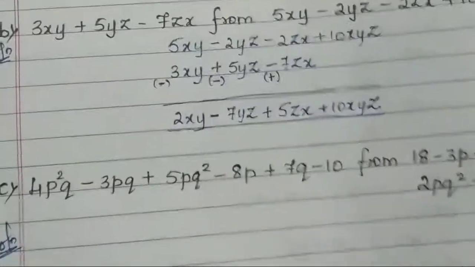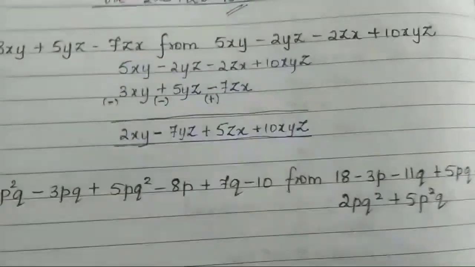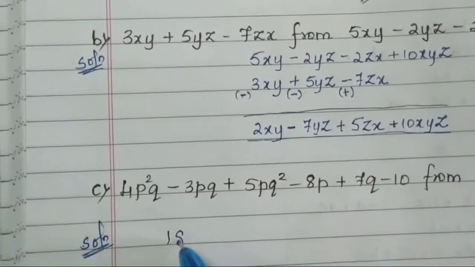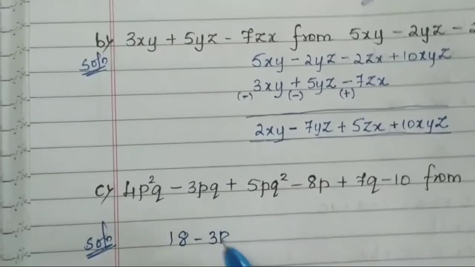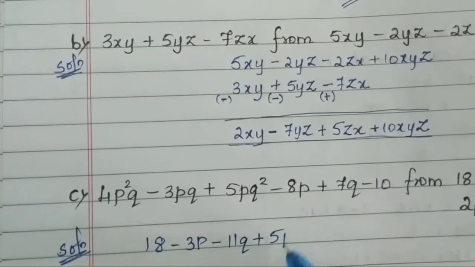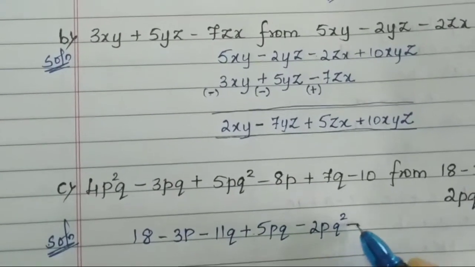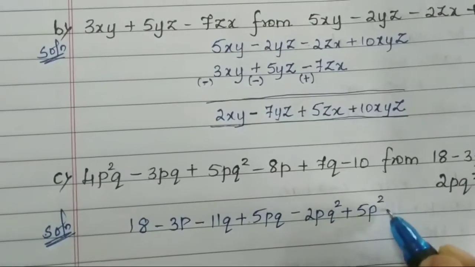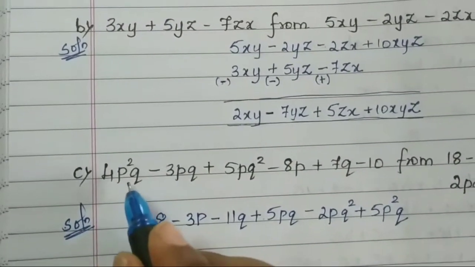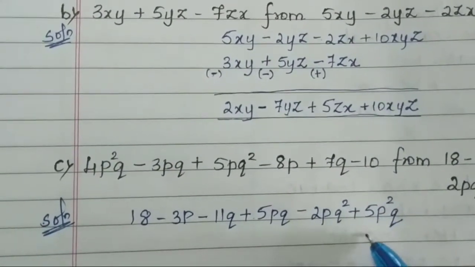Okay, coming to the next and last problem. So here you can see one big expression is given. So we will write 18 minus 3p minus 11q plus 5pq minus 2pq square plus 5p square q. Okay, in this we have to subtract 4p square q. So 4p square q will be coming here.